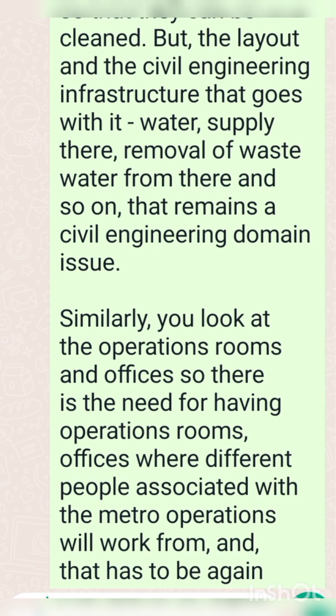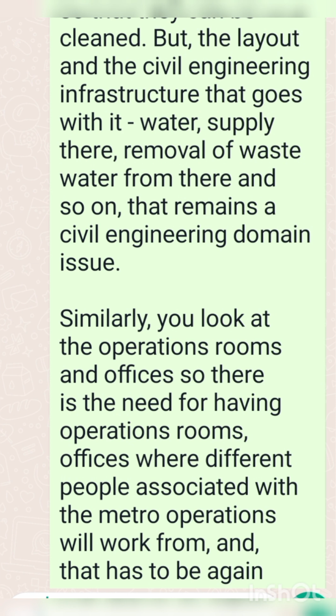But the layout and the civil engineering infrastructure that goes with it, water supply, removal of wastewater from there, and so on, that remains a civil engineering domain issue.